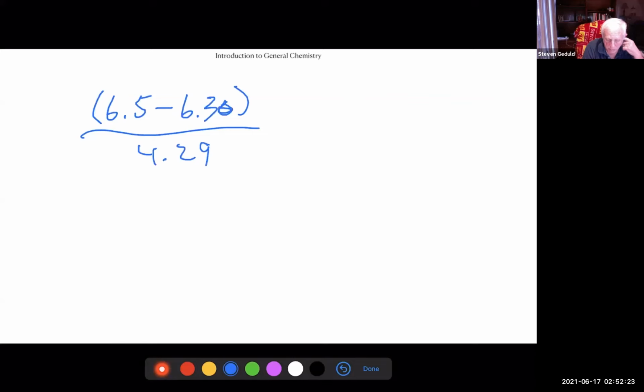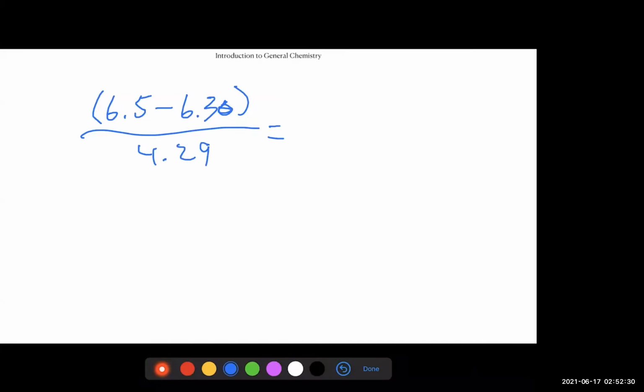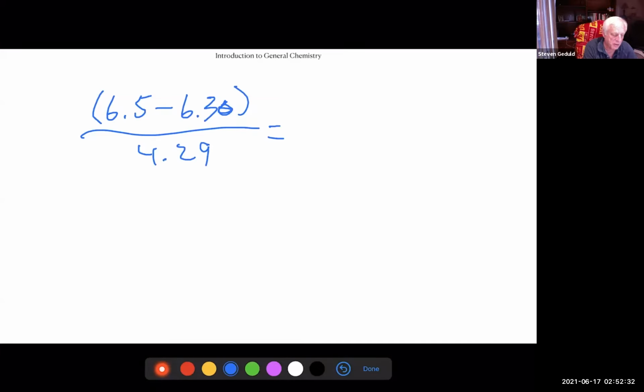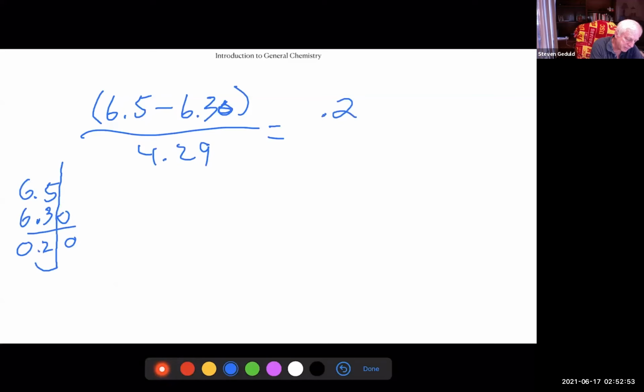All right, so 6.5 minus 6.30 comes out to what? 0.2, right? 6.30 is 0, 2, 0, right? You're only good to the least accurate number to this place.